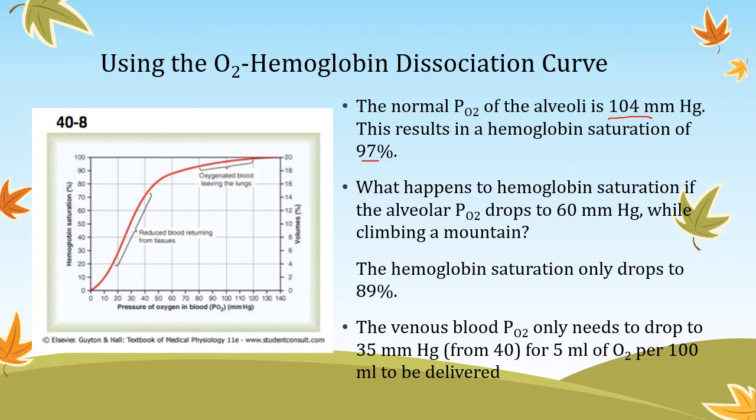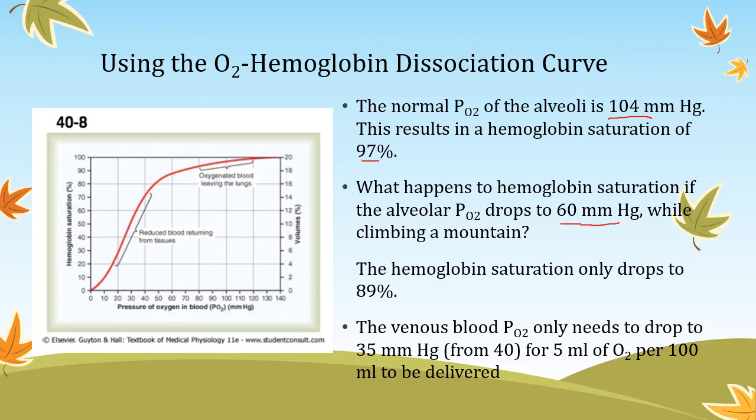The amount of oxygen being carried by hemoglobin at that time is about 97%. So there's only 3% less, 3% empty spots. That's what it means.